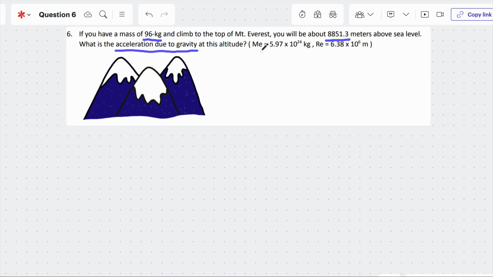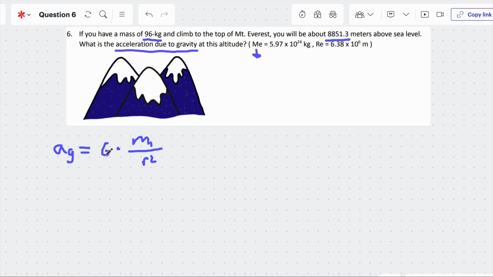Given this is the mass of the Earth, it just looks like ME equals that much. That's saying mass of Earth. And then RE is saying radius of Earth. So we see that it's asking for the acceleration of gravity. So we know we're going to need our acceleration of gravity equation, which is our big G times the mass of the object giving us the gravity, which in this case will be Earth, divided by the radius squared.